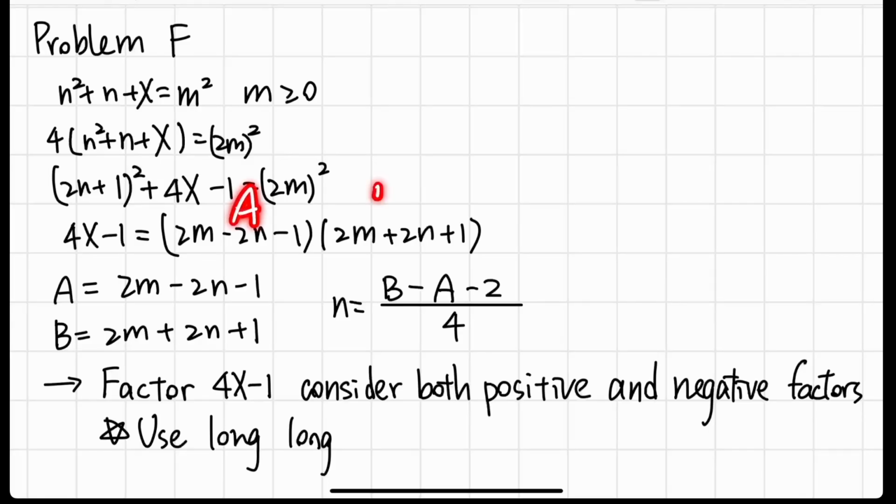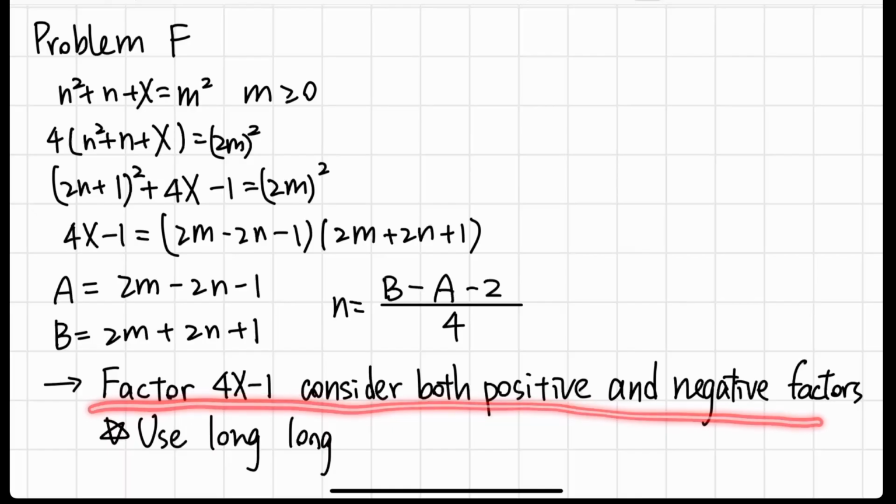Because A and B are factors of 4x minus 1, in our code we just have to factor 4x minus 1, considering both the positive and negative factors. And we need to remember one thing, which is to use long, because the range of x is from negative 10 to the power 14 to positive 10 to the power 14. This exceeds the value of integers, so we need to use long to prevent overflow.